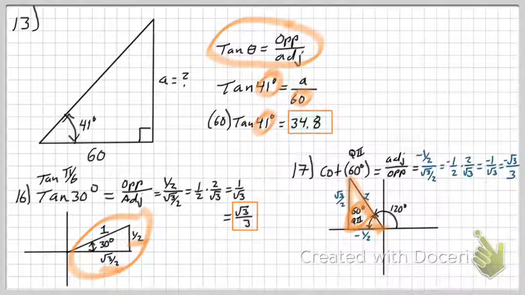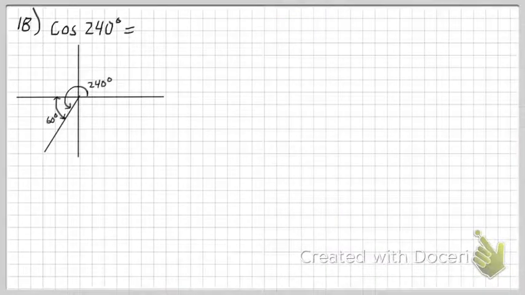Anyways, adjacent over opposite. Do the math and do your fraction division. Rationalize your denominator. Tangent and cotangent are negative in the second quadrant, so it makes sense that this answer is going to be negative. Okay, so we just repeat this theme over and over and over again.